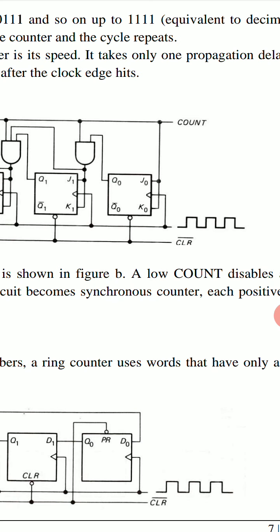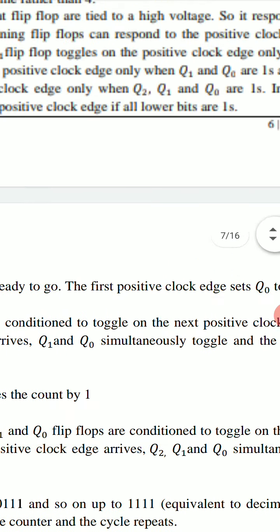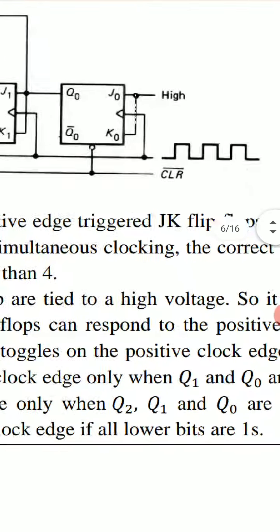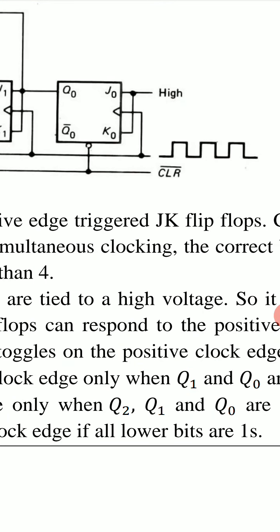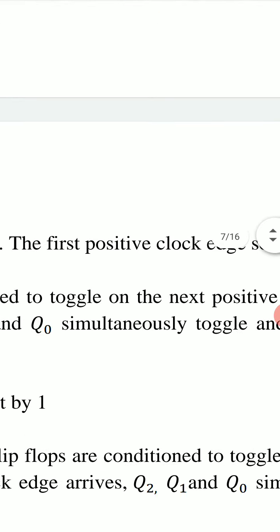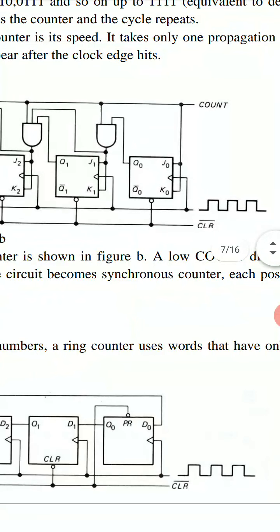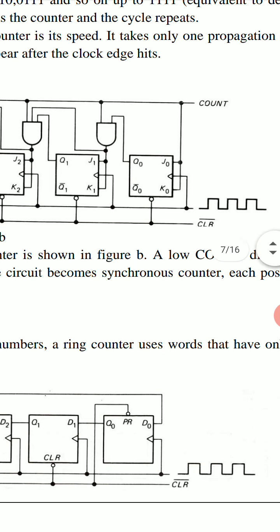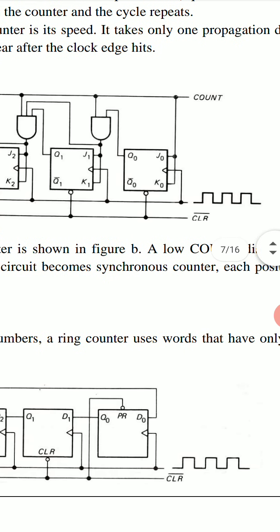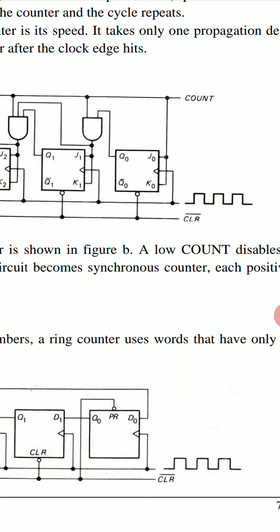When count is high, it will work as this circuit of the synchronous counter, and when this is low, then all flip-flops are inactive and it will not work. So the circuit will do the work of counting when count is 1, and if count is 0, it will not work.